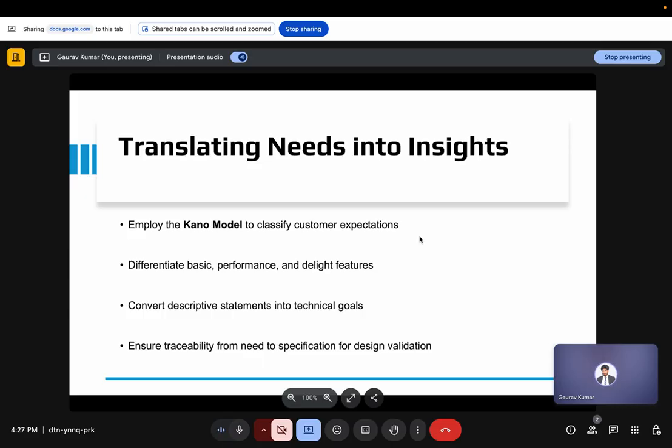So ambiguity is removed and validation becomes possible. Traceability keeps the chain intact during change. When a spec shifts, we know which need and test move with it. So this guards against requirement drift. Insights thus become design levers, not mere statements.